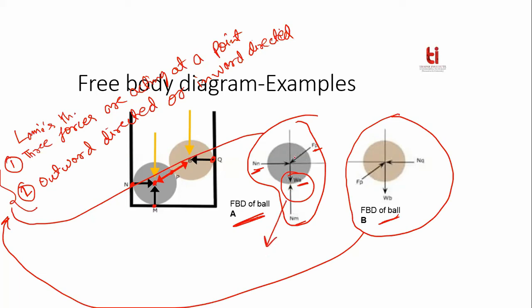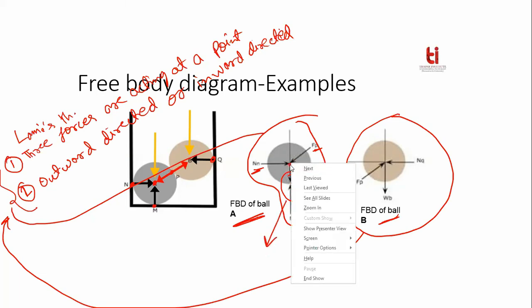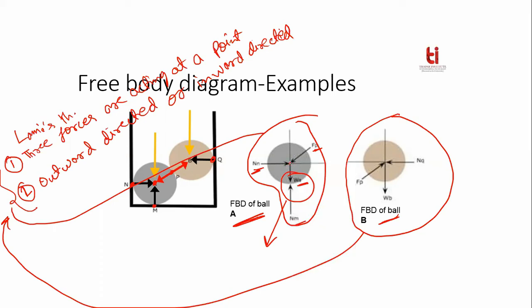Okay. So finally, this point A will be like this. So there will be only three forces acting on this point. Okay. So because three forces are acting, there is another condition that these three forces must be acting either outward or inward. But in this condition, all forces are not acting outward or inward. So what to do? It is not possible because that WA force is going outward.